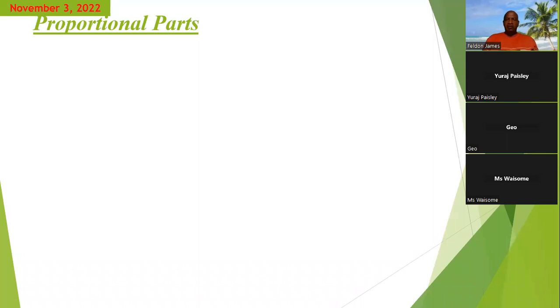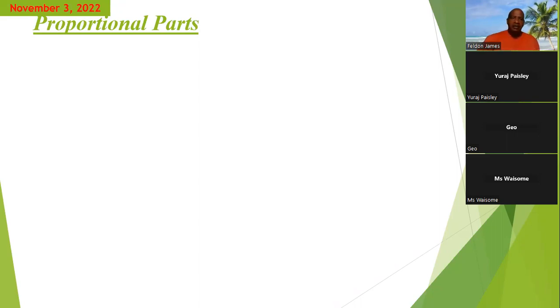So when we get a whole, they may ask you to share it within a given ratio. In that sense, you are taking a whole and dividing it into portions or proportions of the ratio. And so this part we refer to as proportion.